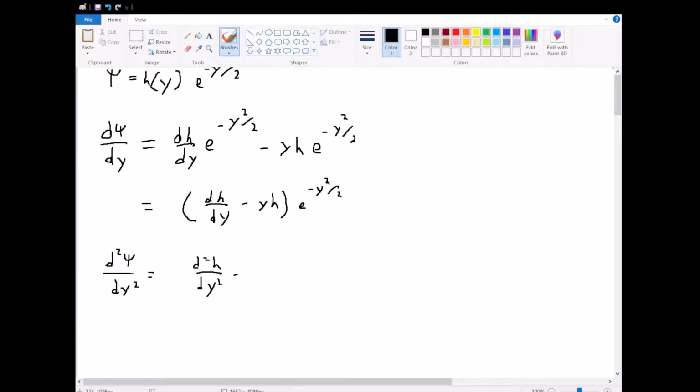So let's use brackets. We have d by dy of y is just 1. So this is h, and then plus y dh by dy. And this is all multiplied by our exponential.